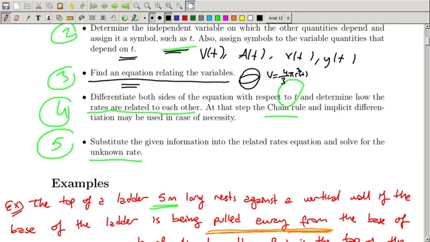And here I forgot to state something: this V is a function of t, in fact, V of t. Then differentiate both sides of the equation, stage 4, with respect to t, and determine how the rates are related to each other. Here it is important to take the derivative correctly, because everything depends on t.